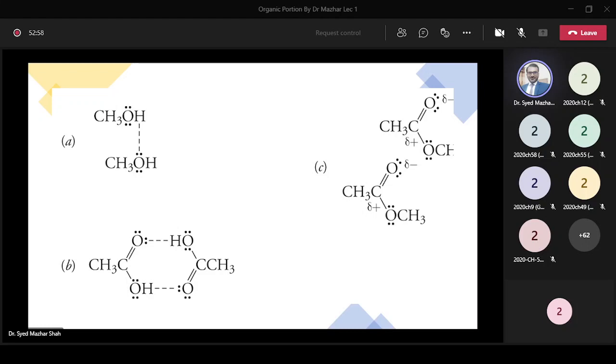For example, here we have an oxygen atom. They have a large electronegativity difference. That's why they have a stronger dipole force of attraction that we term hydrogen bonding. Any other element which can have the same effect other than oxygen?